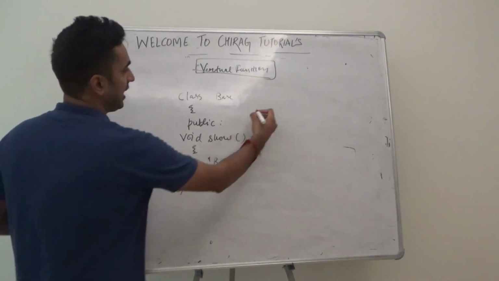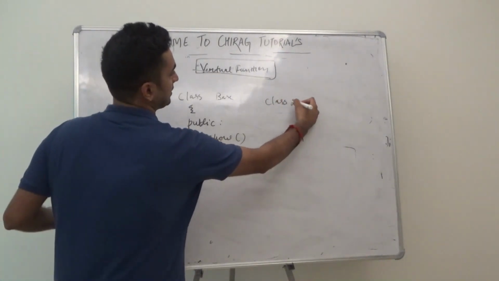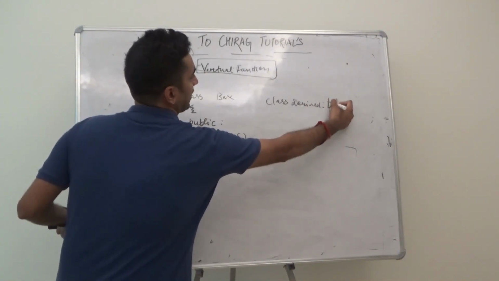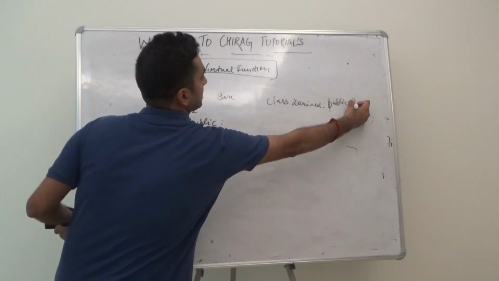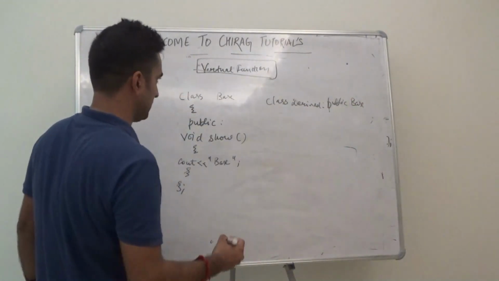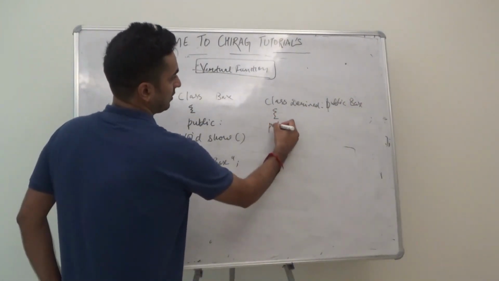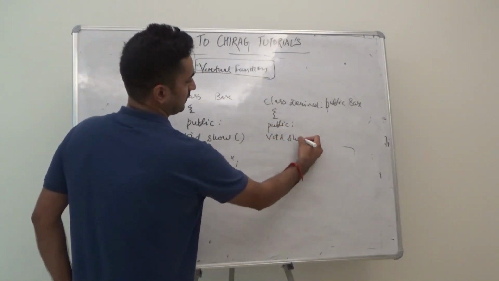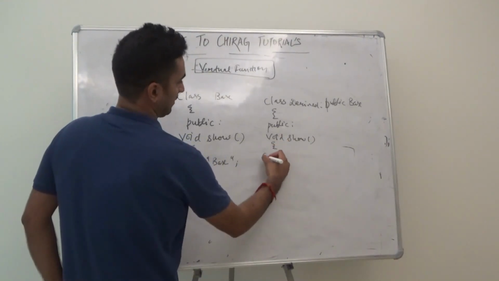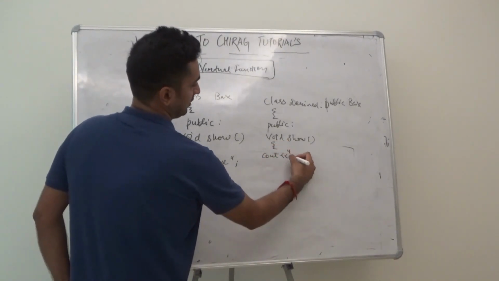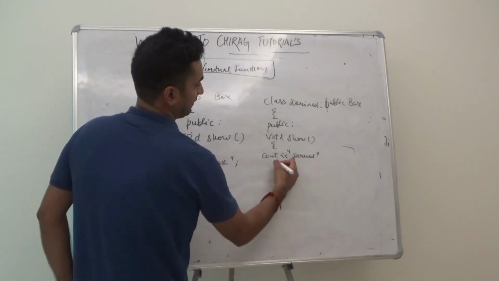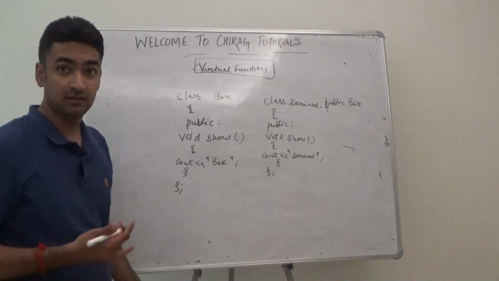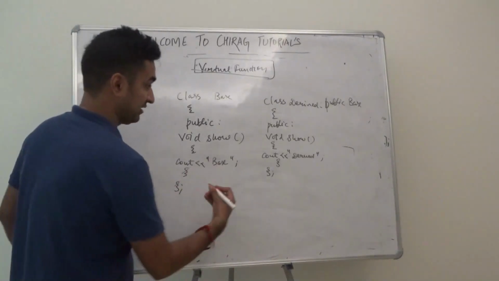Now we will be inheriting this Base class, so I'm writing public Base, right? And in public I'm writing again void show, and I'm writing cout Derived. Now, what about virtual function, I'll explain.